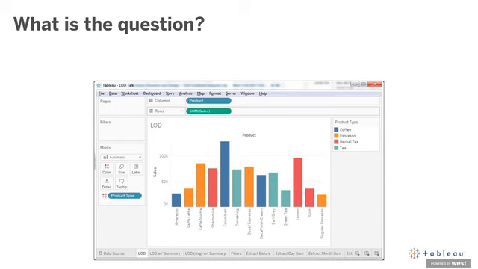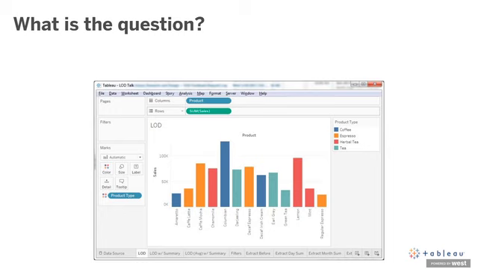So I have here a visualization that I produced with Tableau, and it's showing me a visualization, but I want to go back the other direction and try to figure out what is the question that this visualization is answering.